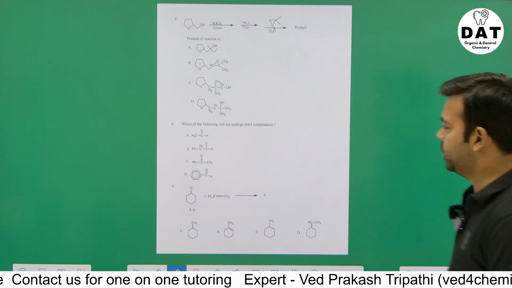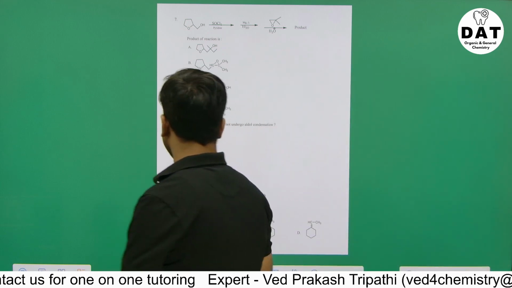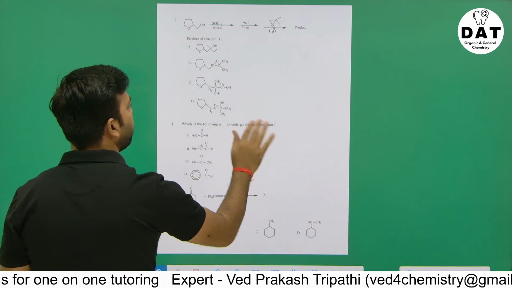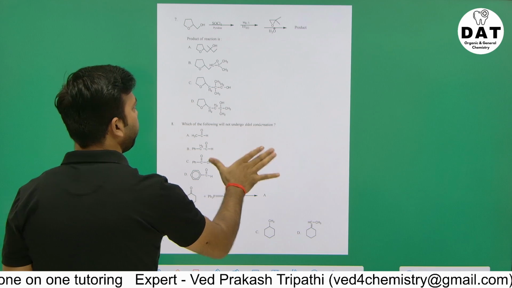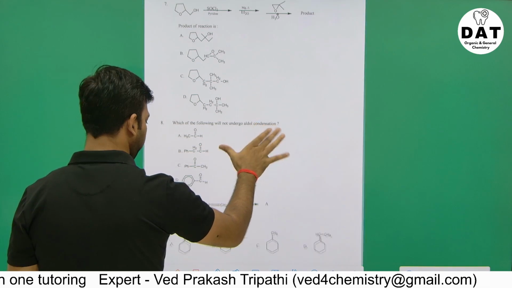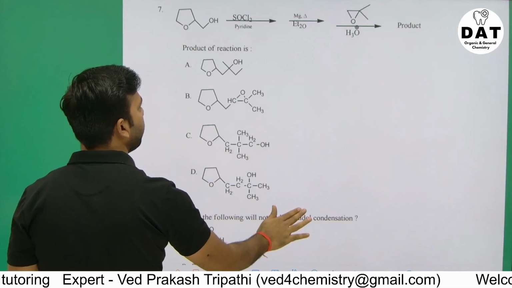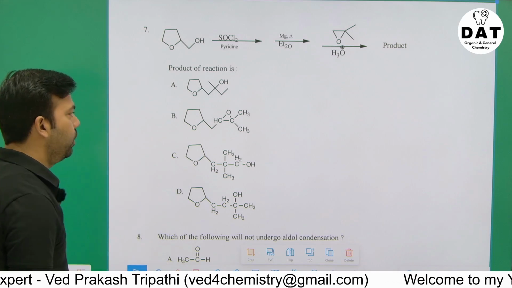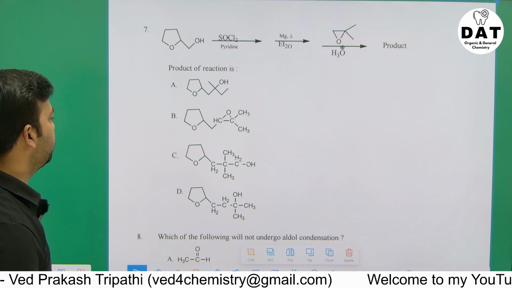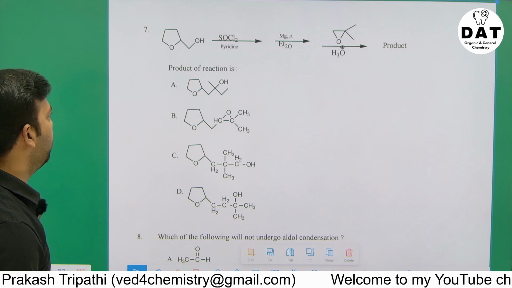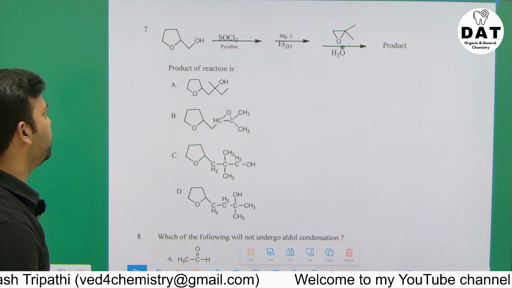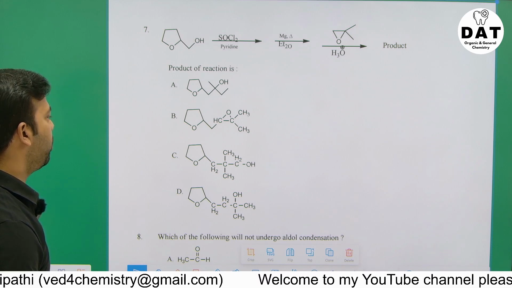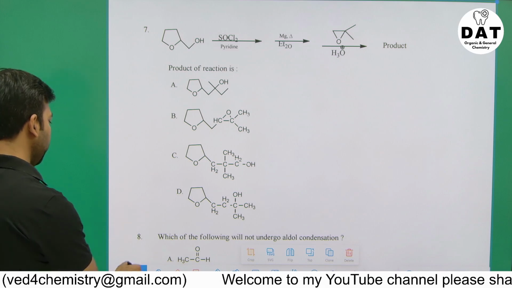Now we have a question 7. So this question is, we have alcohol, SOCl2 with pyridine, then Mg ether, and then we have epoxide. So look at here.